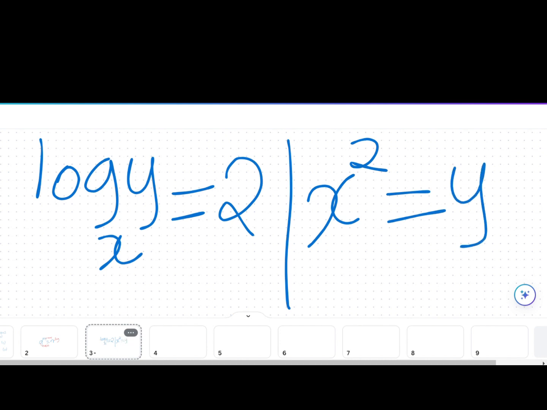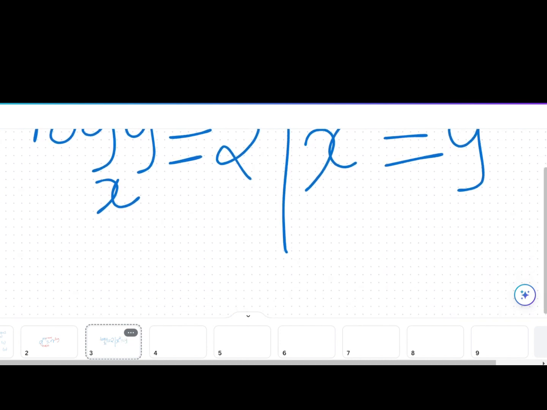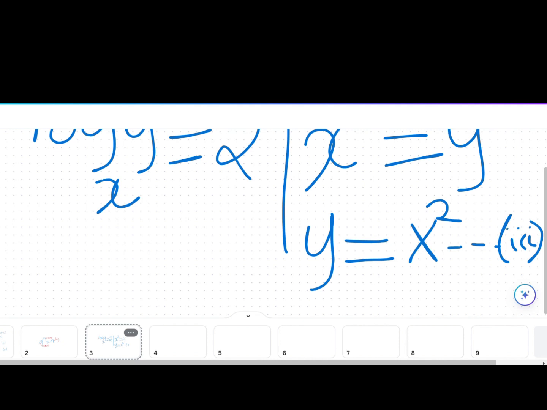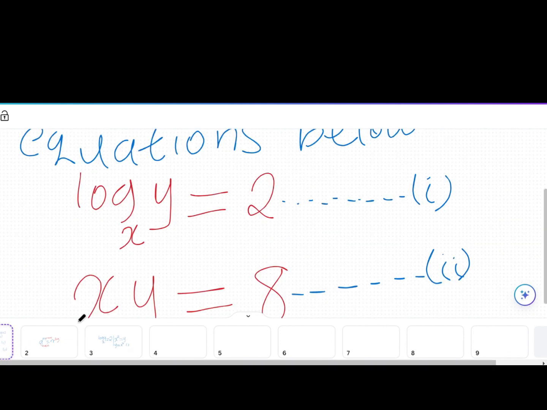So you can write this in a different way by saying that y is equal to x squared. Now allow me to call this equation 3.